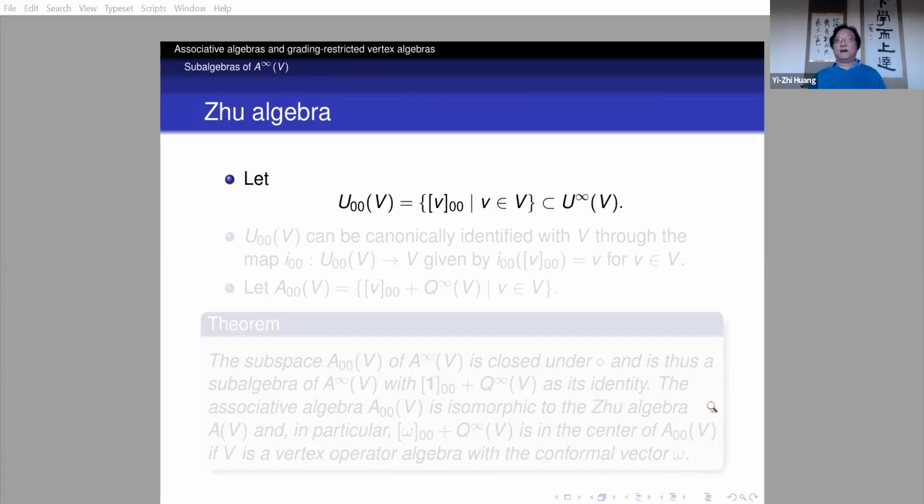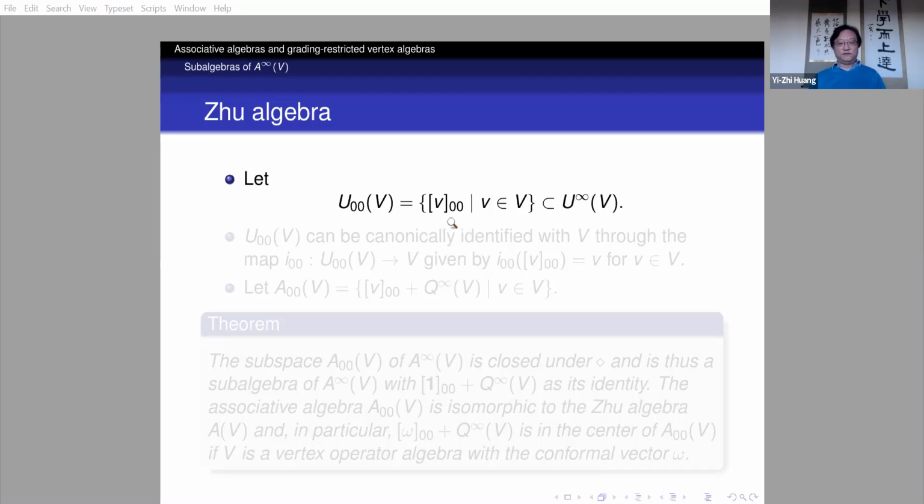We have these infinite matrices. Now what you do is take all those infinite matrices whose only non-zero entry is at (0,0). Remember we use 0, 1, 2, 3 to index the matrix.